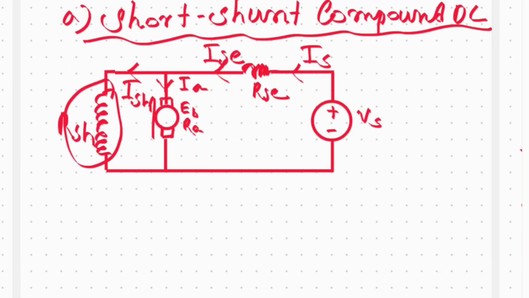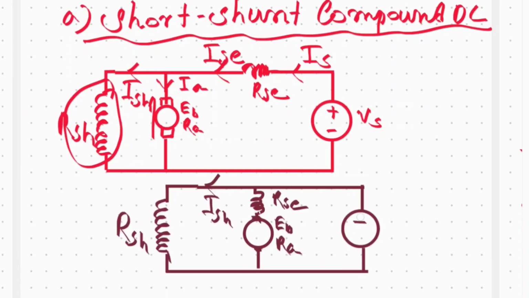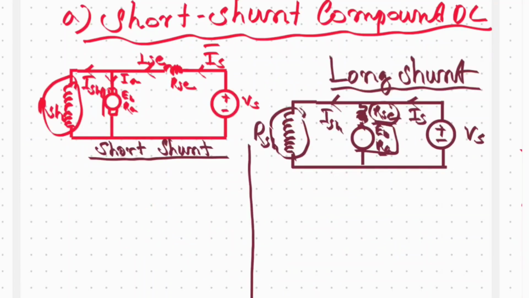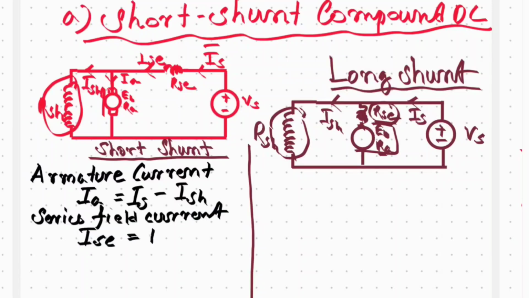Let's see the diagram for the long shunt as well. For the short shunt, armature current IA is equal to IS minus ISH, and series field current ISE is equal to IA.